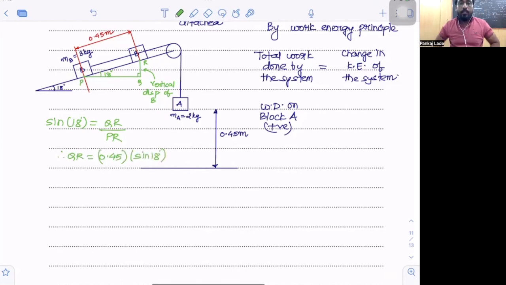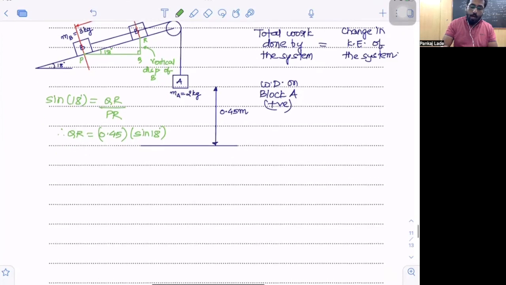Let's get this answer by using the calculator. I have 0.45 multiplied with sine of 18. It came 0.139, so the length of QR is 0.139057, about 0.13906 meters, which is the vertical displacement of B.